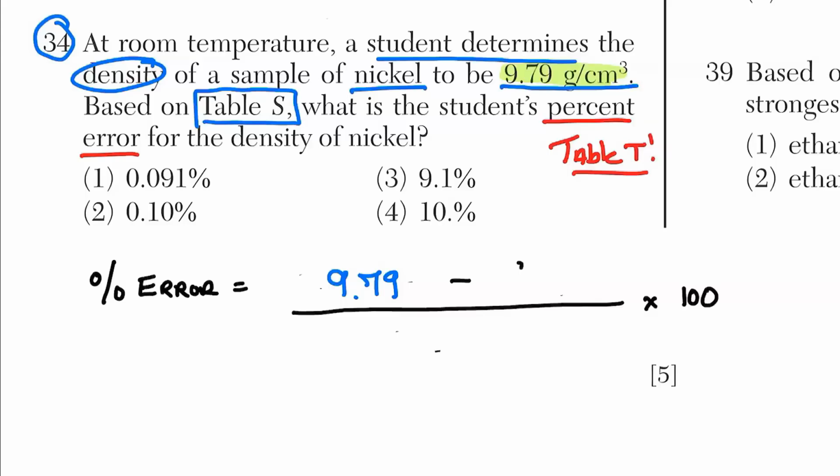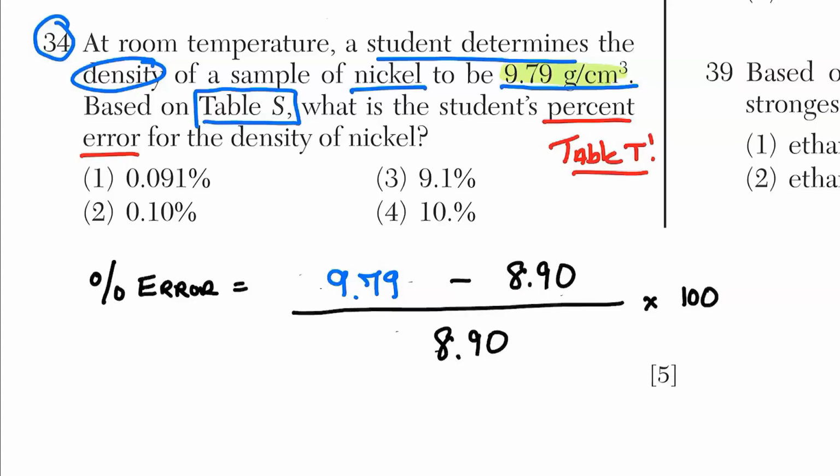Okay, and we have our equation that we're essentially plugging and chugging, so no reason to get this wrong. This is a classic free response question or a question you see in this part. So 9.79 minus 8.90, I get 0.89.